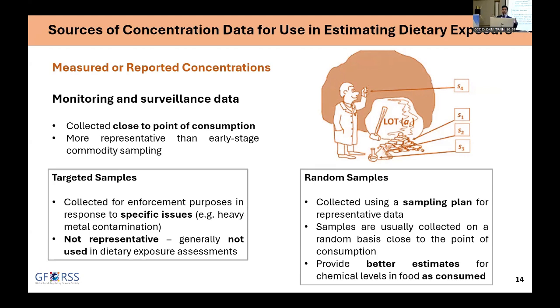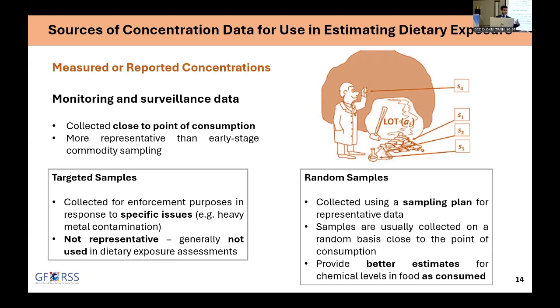Now, of course, one of the ideal situations is to access data coming from monitoring or surveillance programs. We will be discussing some limitations, but just to tell you that here, they are good quality data for exposure assessments, collected close to the point of consumption.